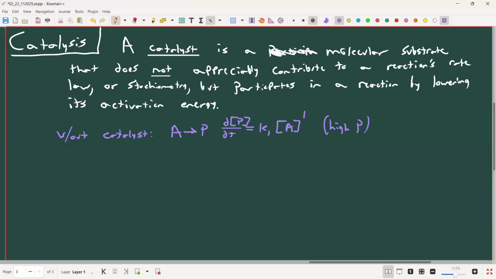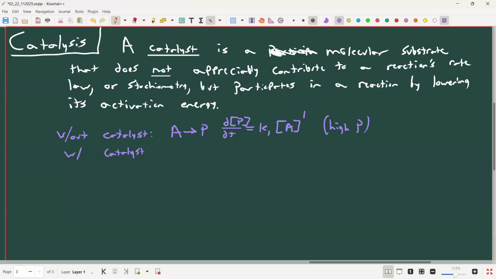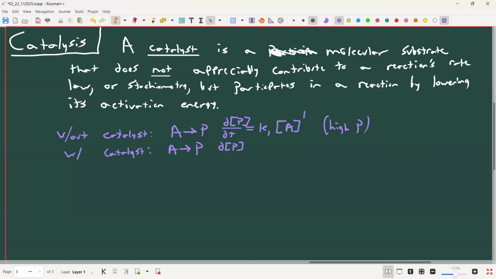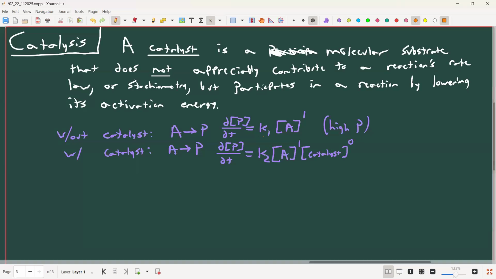And with catalyst, you find that the rate of formation of P is also dependent on A to the first power. You have no dependence on the catalyst. But you observe a different rate, k2. And by definition, k2 must be greater than k1.